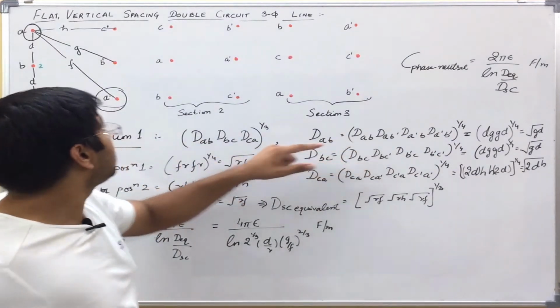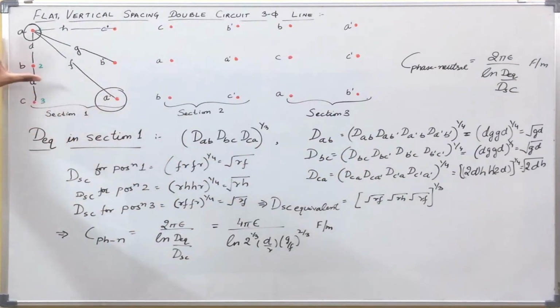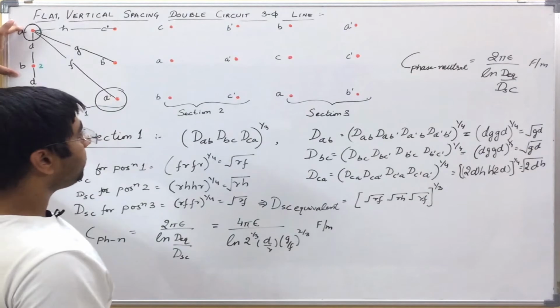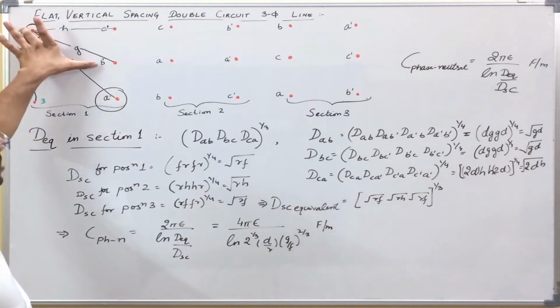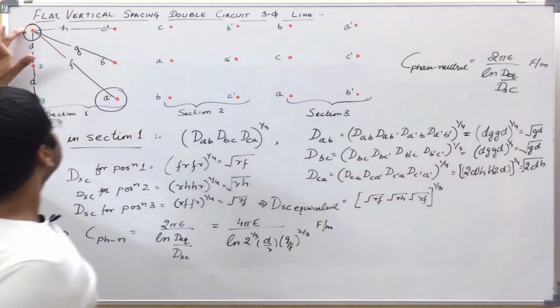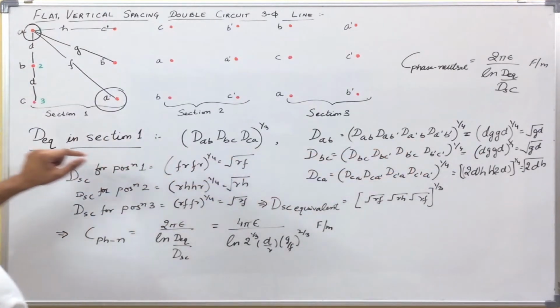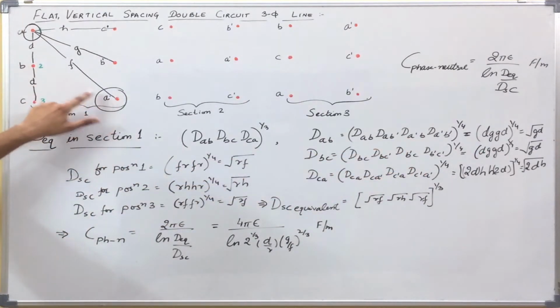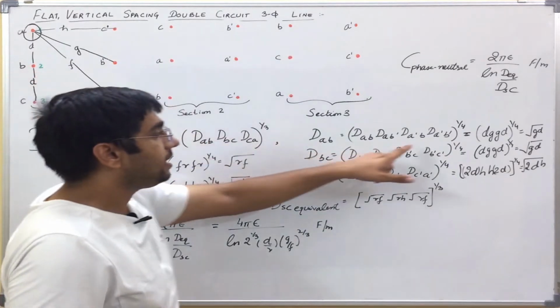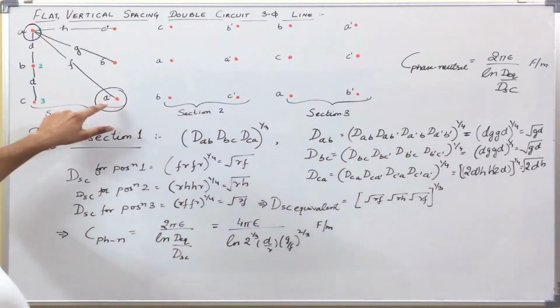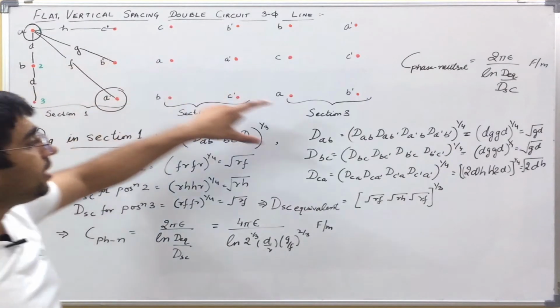Putting their values, let us see: DAB is D, DAB dash is G, DA dash B is again G, and DA dash B dash is again D.